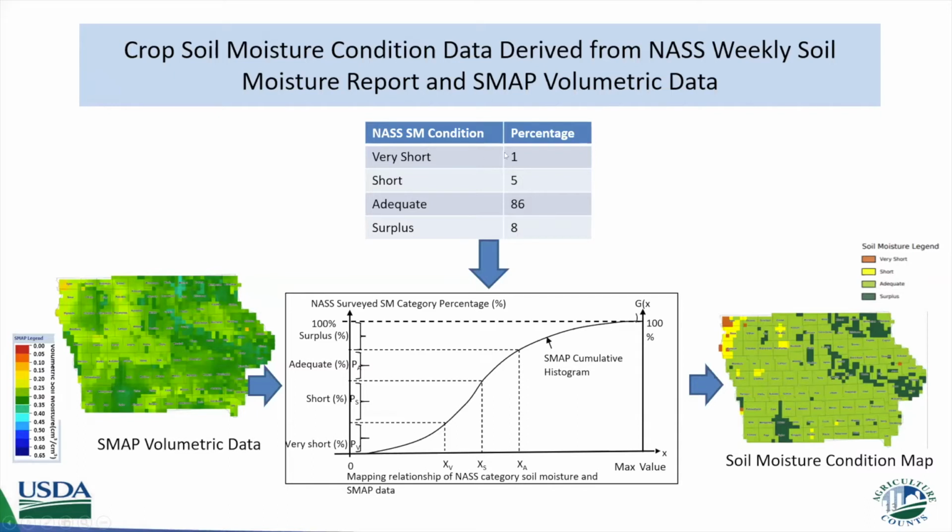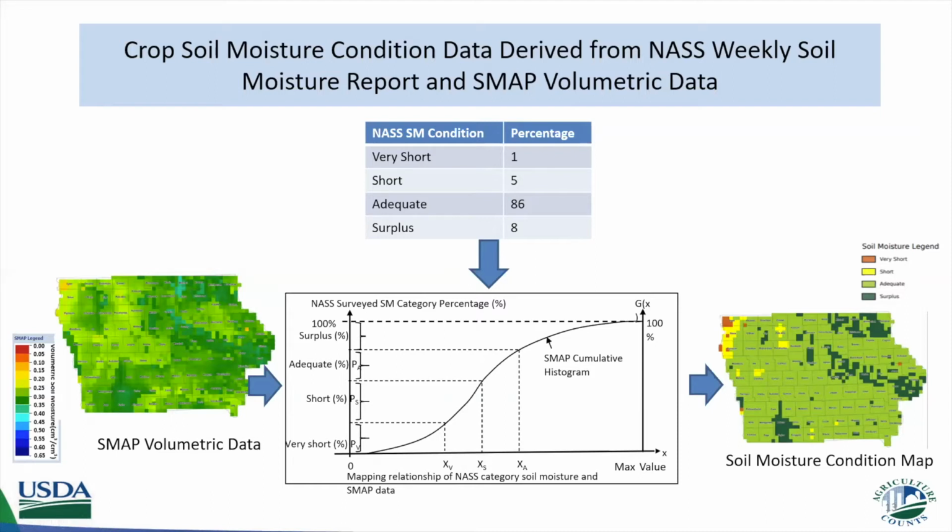It's an example. But from this report, and also from the SMAP volumetric soil moisture data, we can develop a soil moisture condition map. The key here is that we found there is a one-to-one mapping relationship between the reported category percentage and the historical cumulative histogram of the volumetric data.